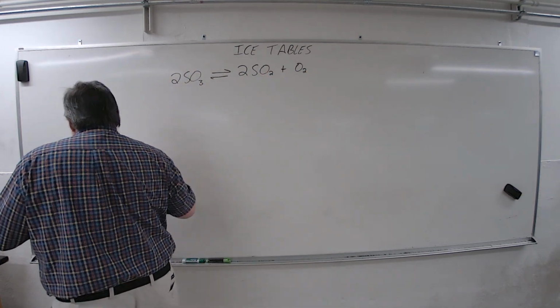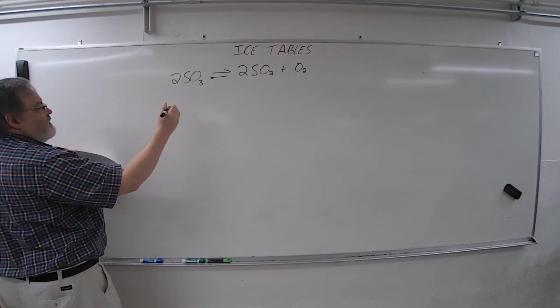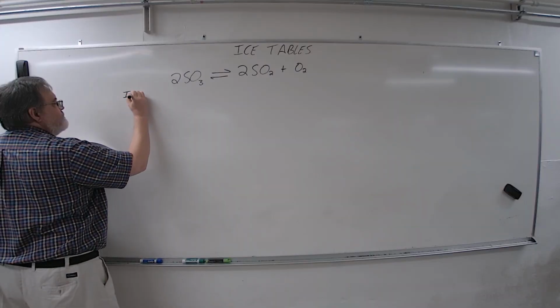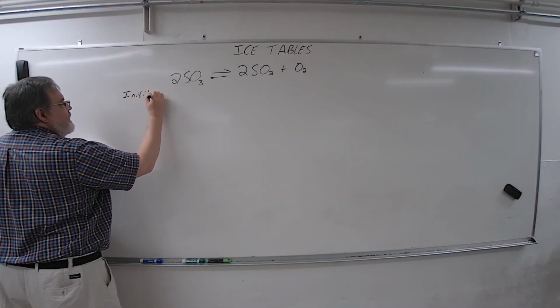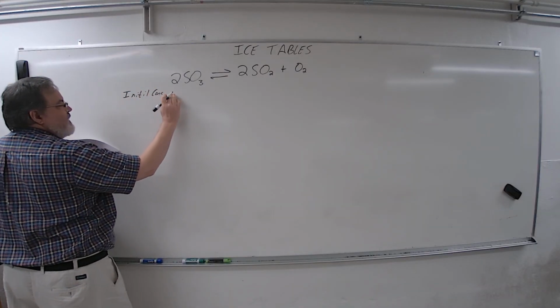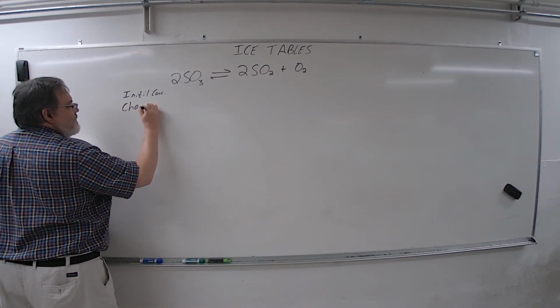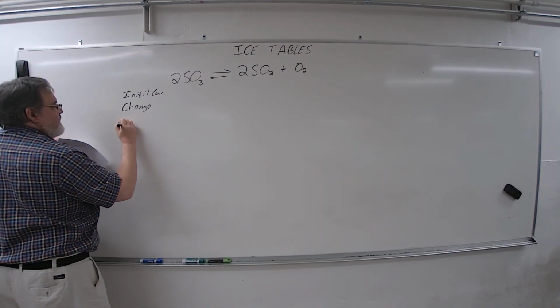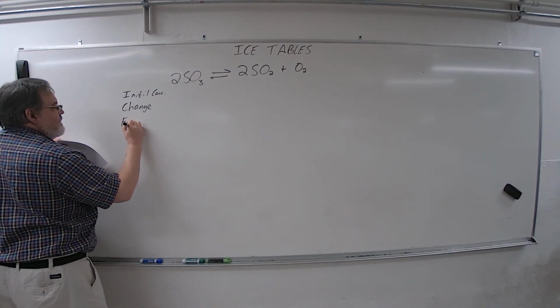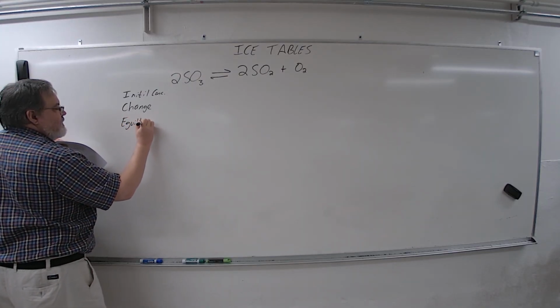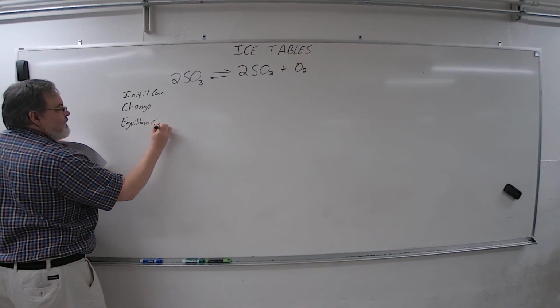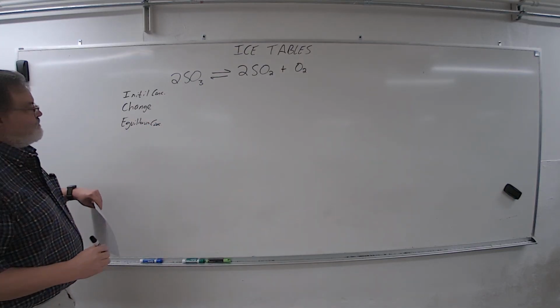So generally you put that at the top, and you have an initial concentration row here, a change row next, and then an equilibrium concentration.